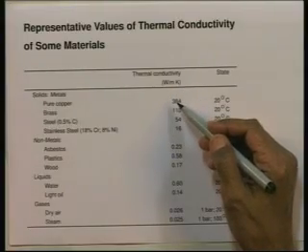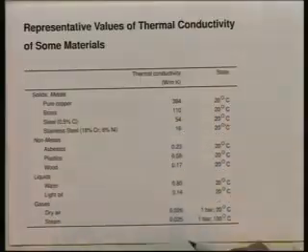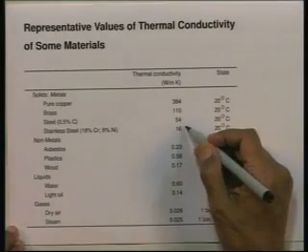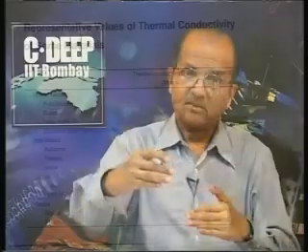If I have pure aluminum, it will be something like 250. The moment I have an alloying material like in brass or in steel or in stainless steel, the value of k drops, and typically the value may drop to as low as about 10 watts per meter Kelvin. So, the range for metals is all the way from about 10 or 12 up to 300, the highest values being for very pure metals and the lowest values for alloys like stainless steel.